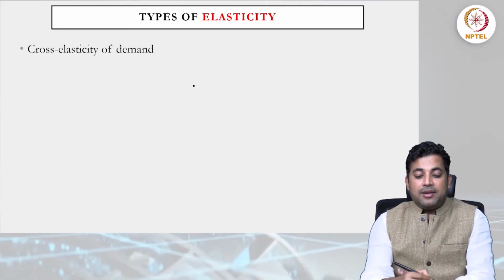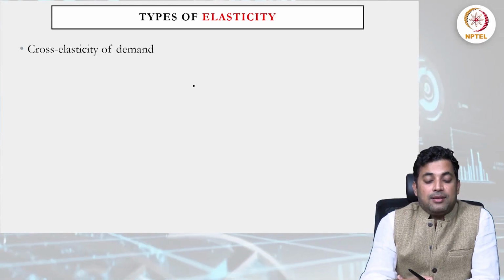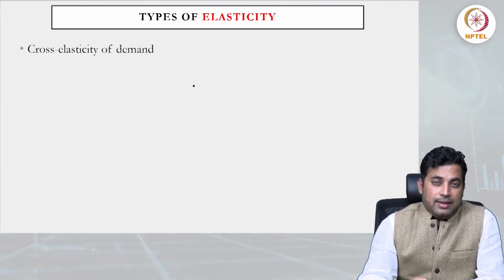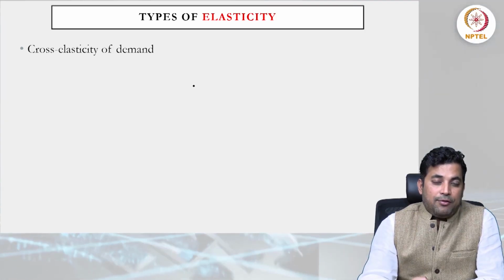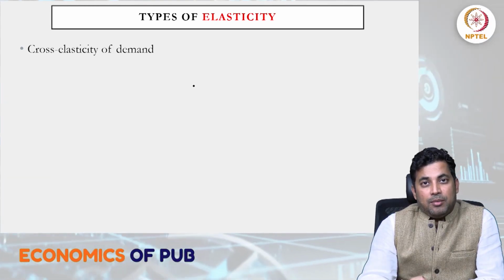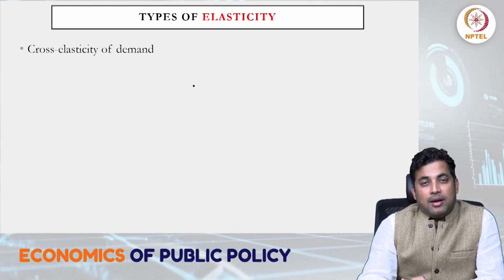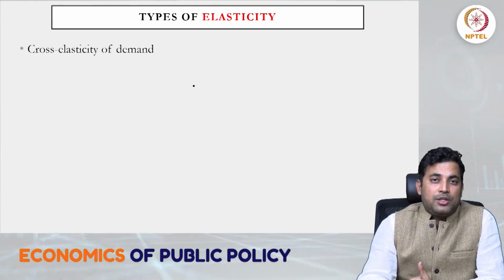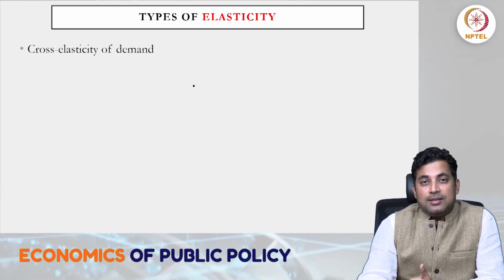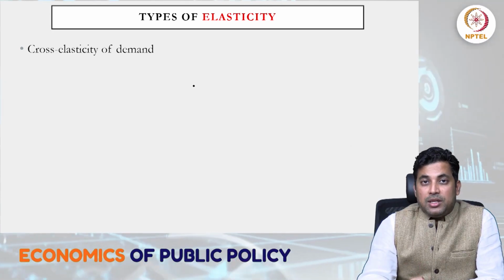So now cross price elasticity. It is important because we already know that if we have two commodities, say X and Y, then I request you to recall the examples and the definition of substitute goods and complementary goods.